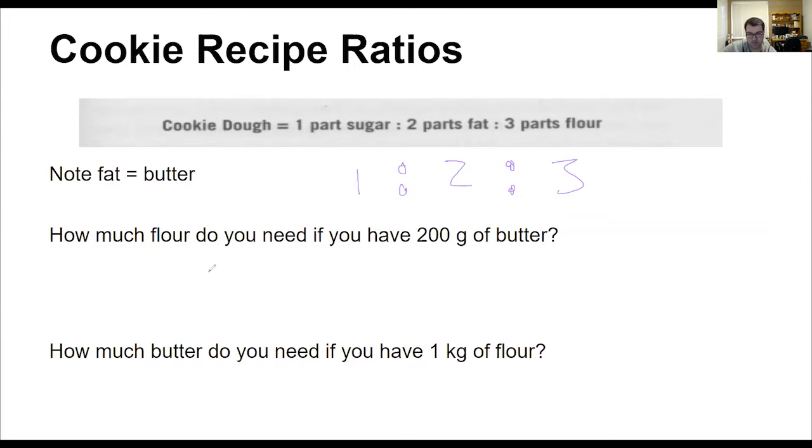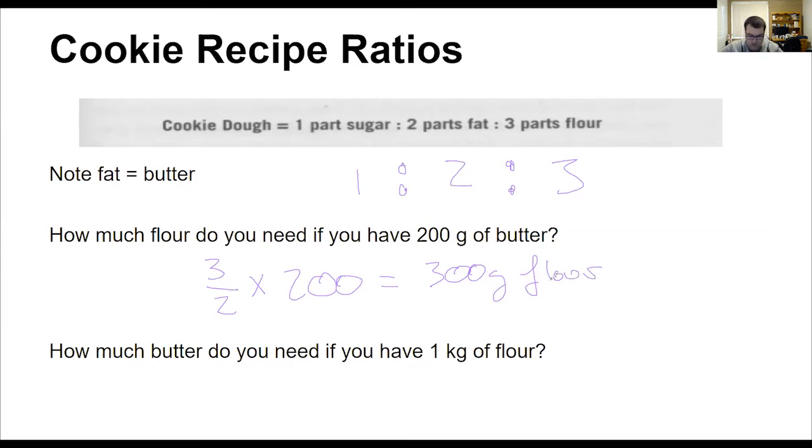We need to work out how much flour we need. Well, it's just a simple ratio. We can use a fraction to work it out: 3 on 2 times 200. This will give us exactly how many grams of flour we're going to need, which will work out to be 300 grams of flour.